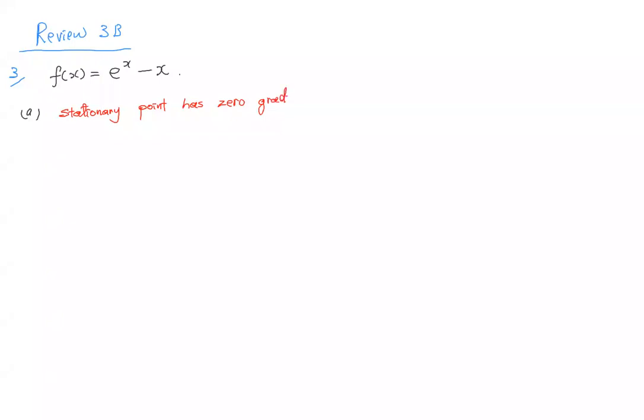So this is the key. And f prime x is the gradient function. See or not? So that is how it drives you to say you must differentiate. Okay, so we just differentiate.